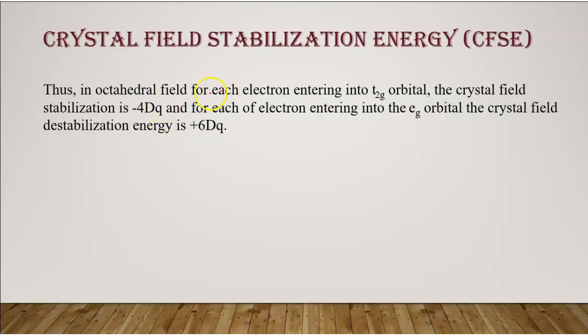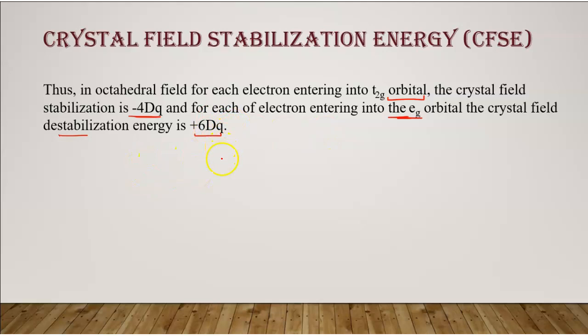Thus, in octahedral field, for each electron entering into T2g orbital, the crystal field stabilization is minus 4 dq. And for each electron entering into Eg orbital, the crystal field destabilization energy is plus 6 dq. Correct. So why is the destabilization energy for your Eg orbital plus 6 dq?